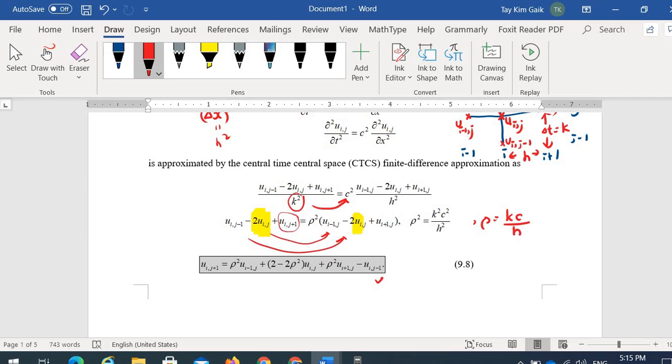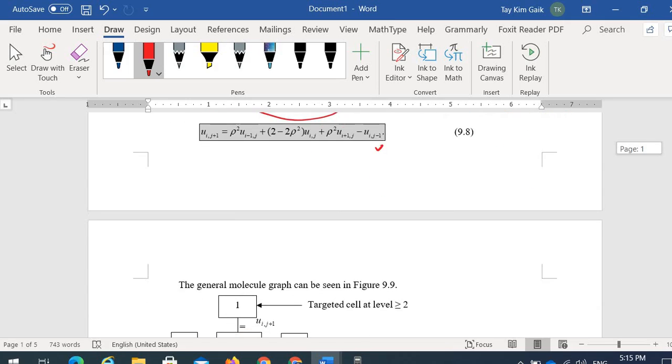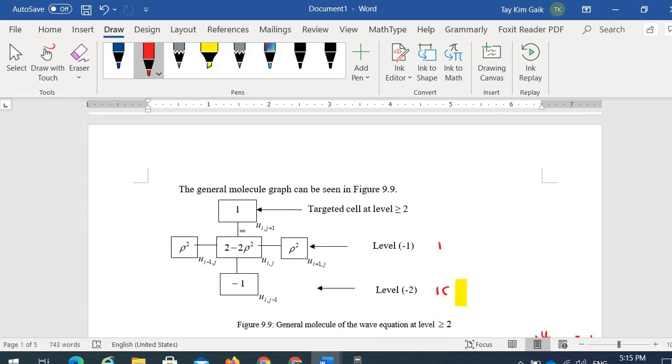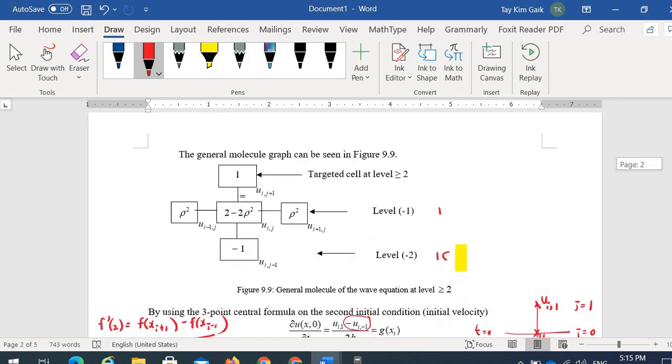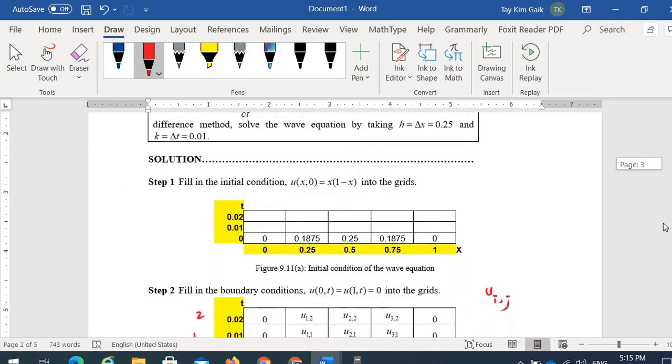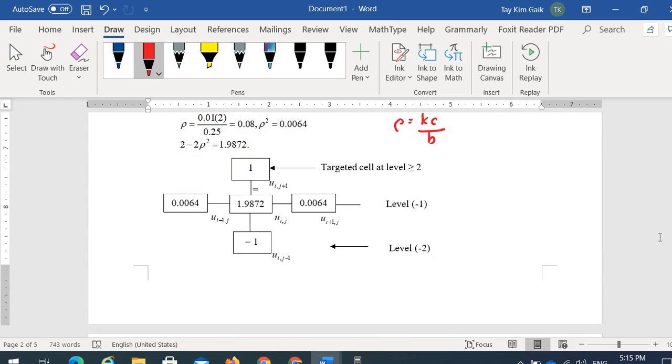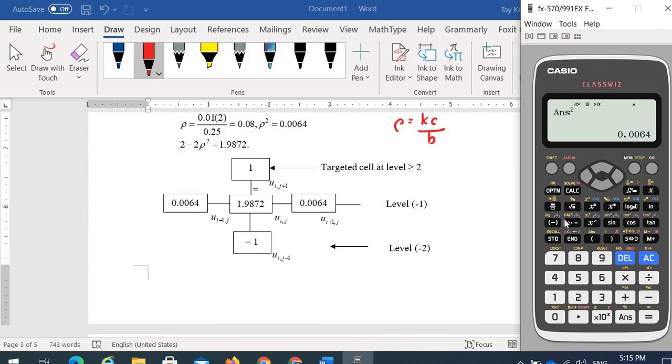This is the level j minus 1 in this molecule. We calculate rho squared, 2 minus 2 rho squared. This is minus 1. So your 2 minus 2 rho squared is here, 2 minus 2 times the answer, 0.9872. So this is the molecule.